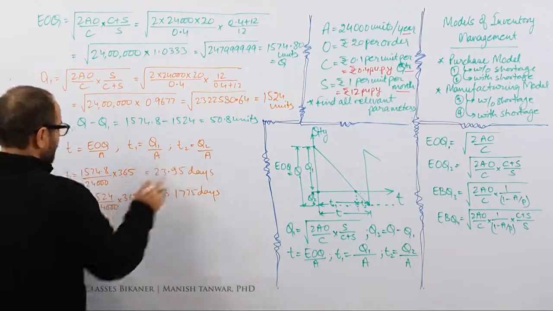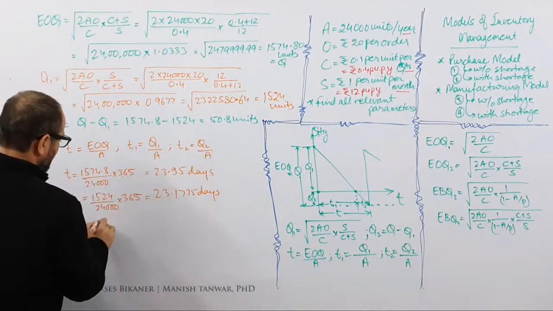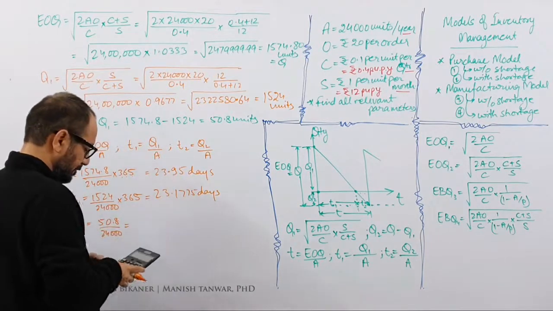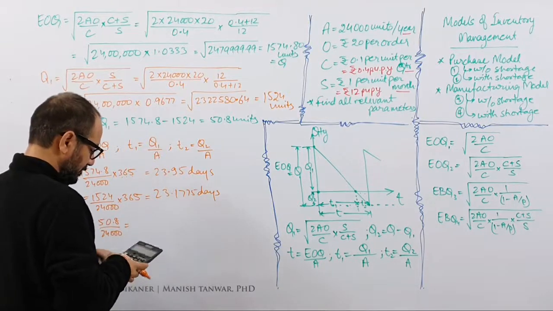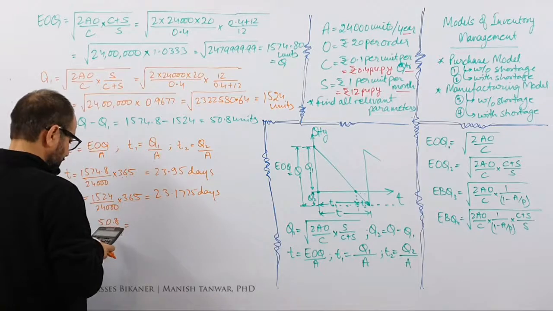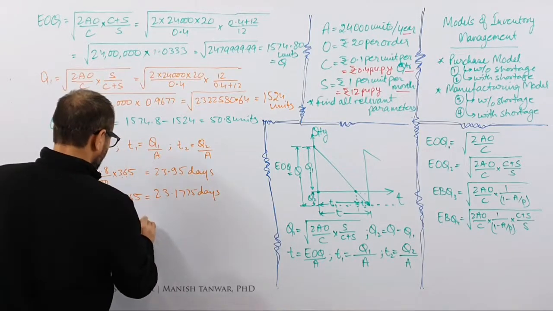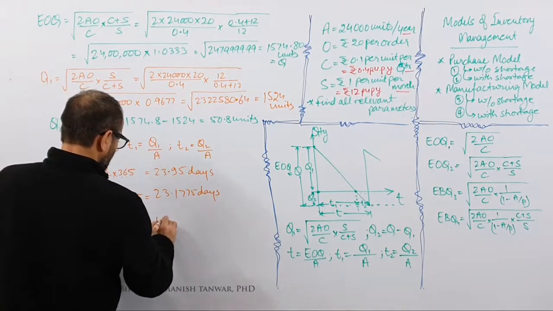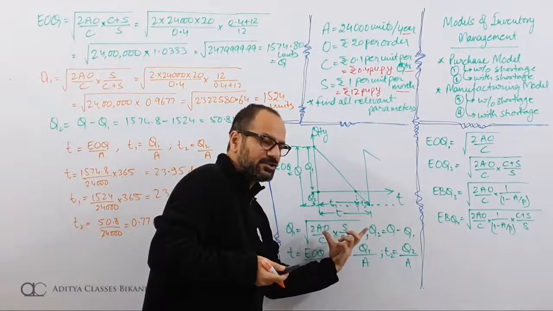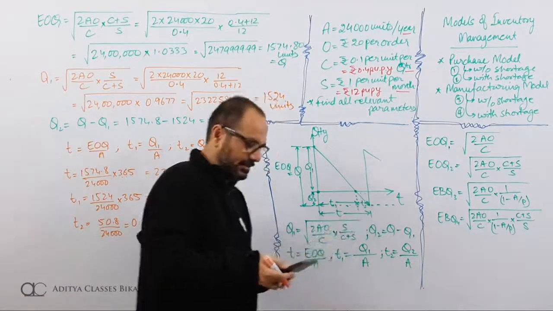T2 is Q2 upon A. Q2 would be 50.8 upon 24,000. Multiplying by 365 also, making it 0.77 days.